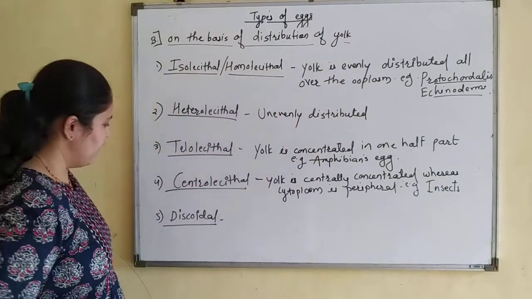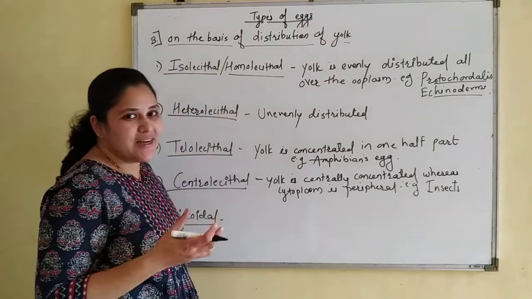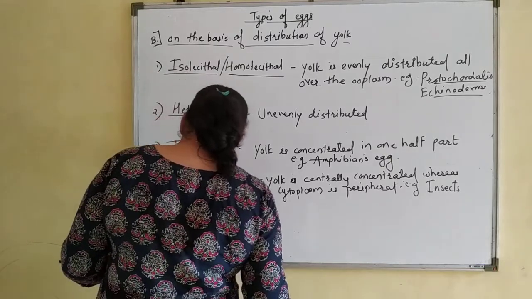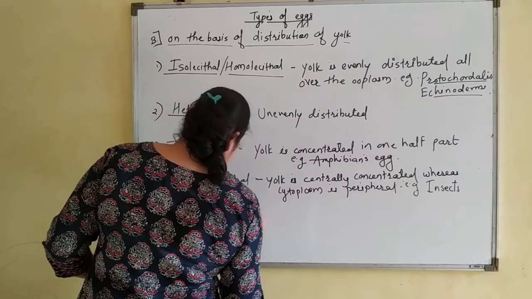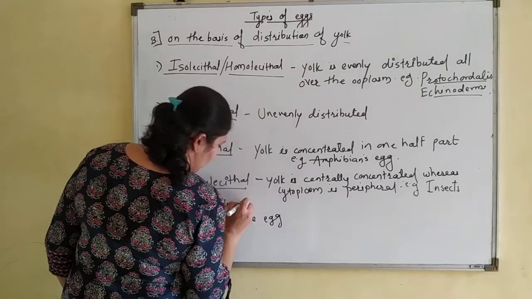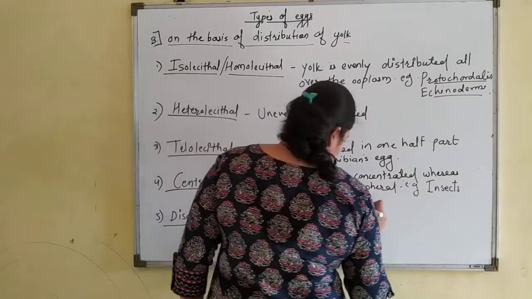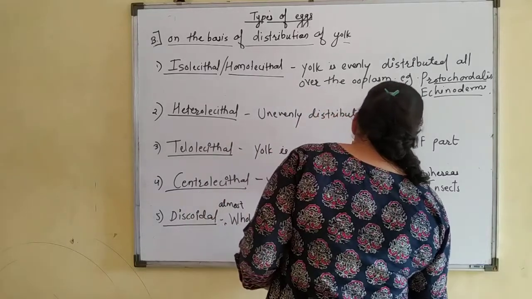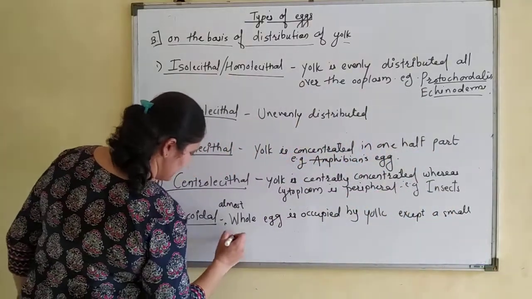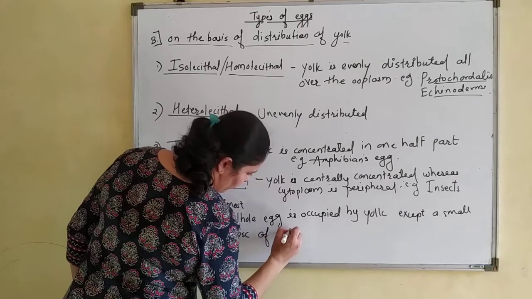So the insect type of egg is centrolecithal. And discoidal, almost the whole egg is occupied by yolk except a very small place, a small disc of active ooplasm.